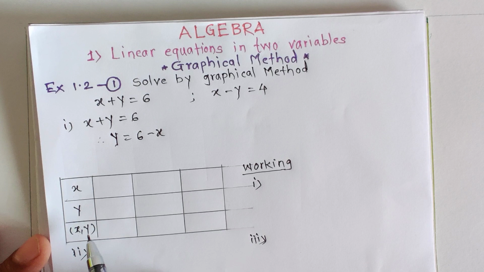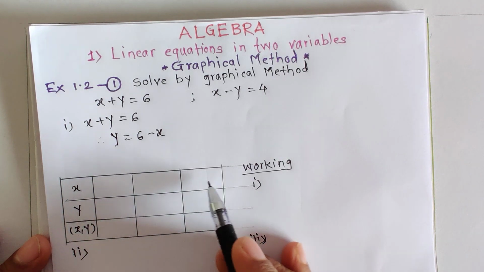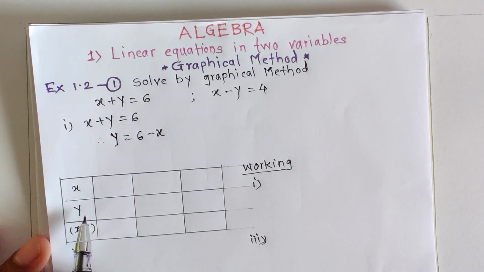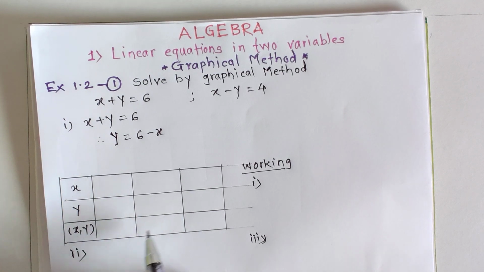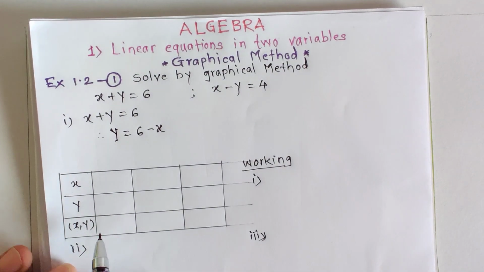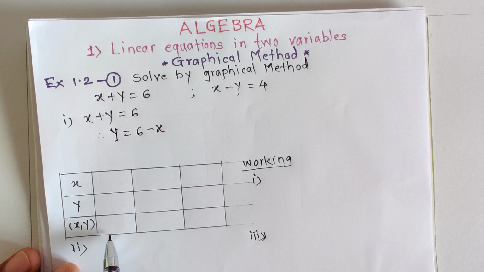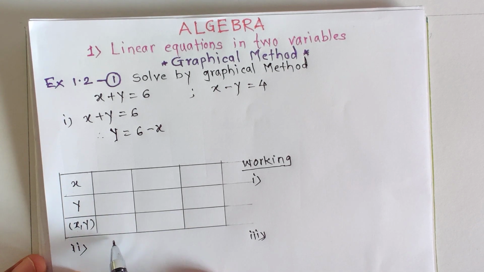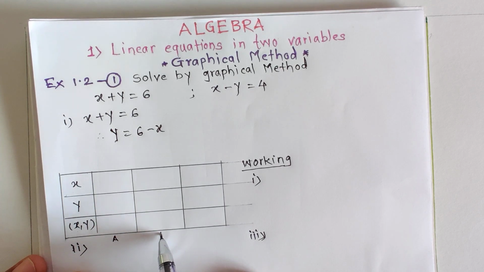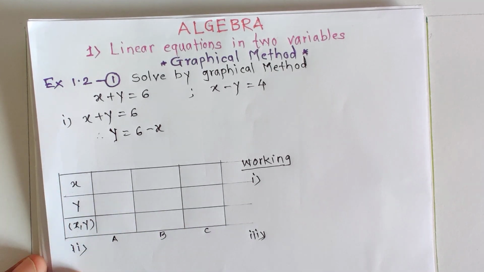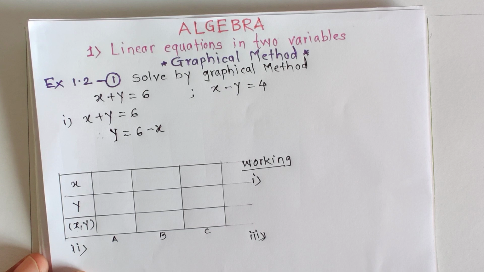In this table, these are the values of x variable, these are the values of y variable, and here the coordinates of x and y. So it is the first point, second point, and third point. We can name those points as A, B, C. A point, B point, C point.